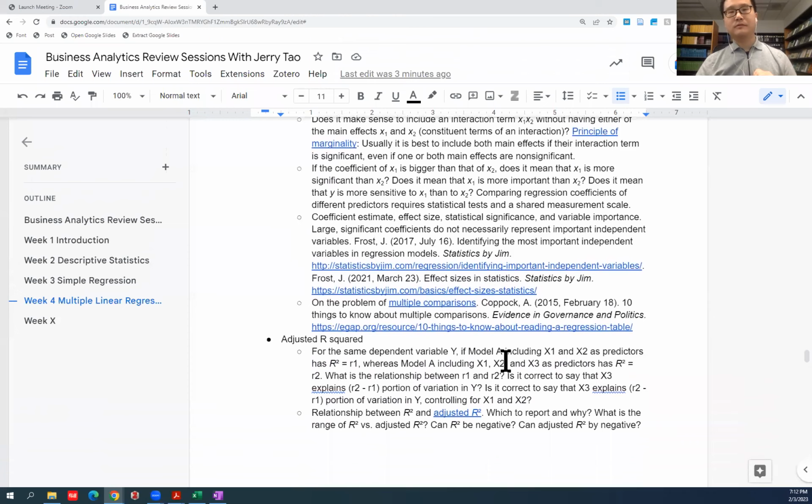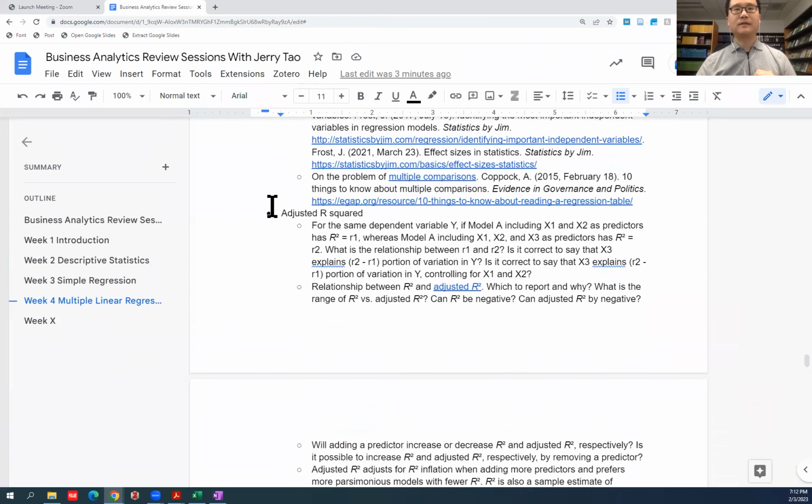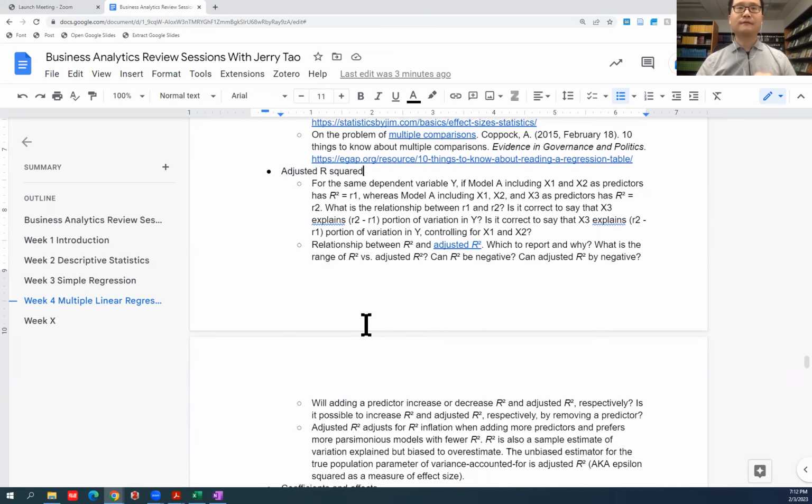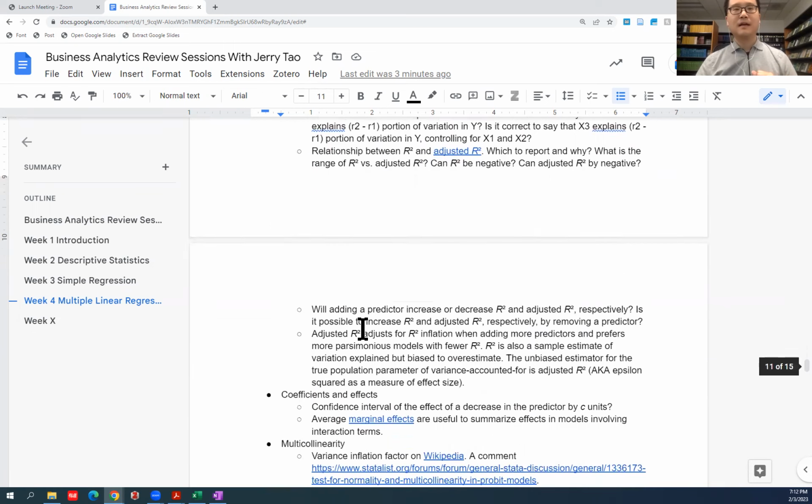I also supplied resources where you can understand more about R squared. Particularly, there's a concept called adjusted R squared. You also find this reported in summary output of linear regression model. It's slightly different than R squared because it is adjusted for the number of predictors to ensure that the model is as parsimonious as possible.